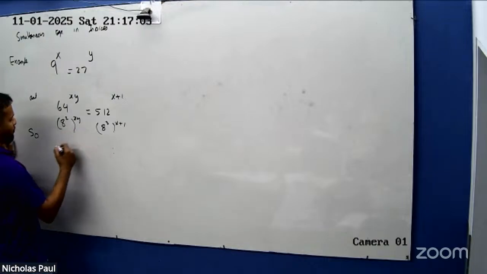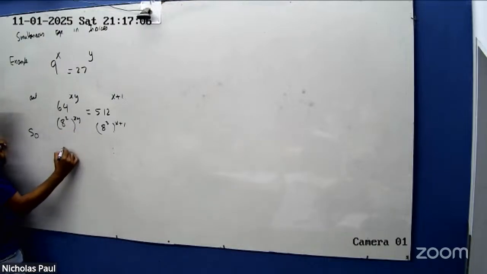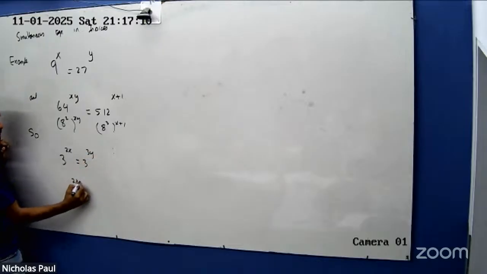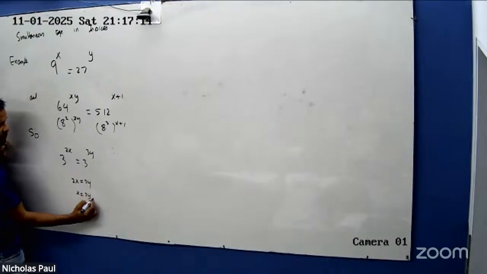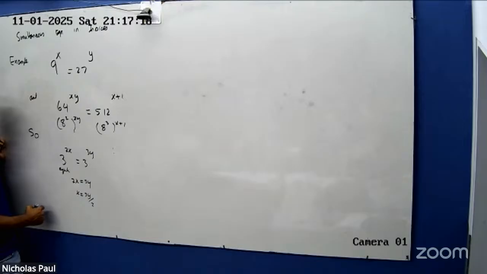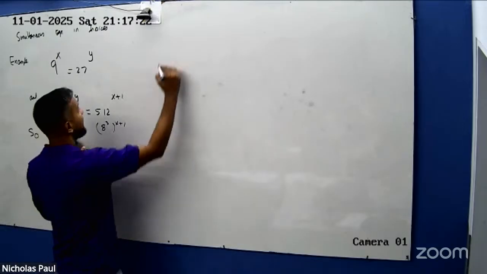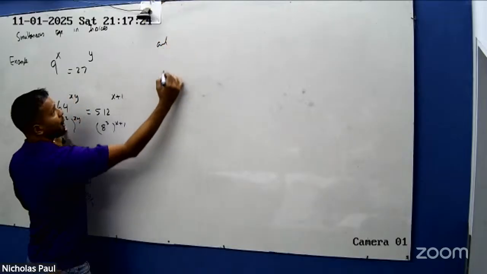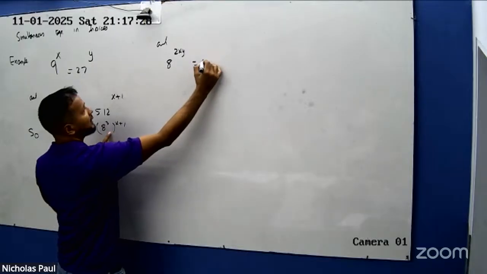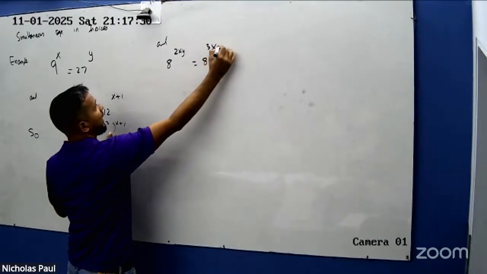Right, so by now you should have equations. 3 to the 2x is equal to 3 to the 3y. 2x is 3y, x is 3y on 2. Well, you have that. Looking kind of bad, but we had to work with it. And then here we have 8 to the 2xy is equal to 8 to the 3x plus 3.